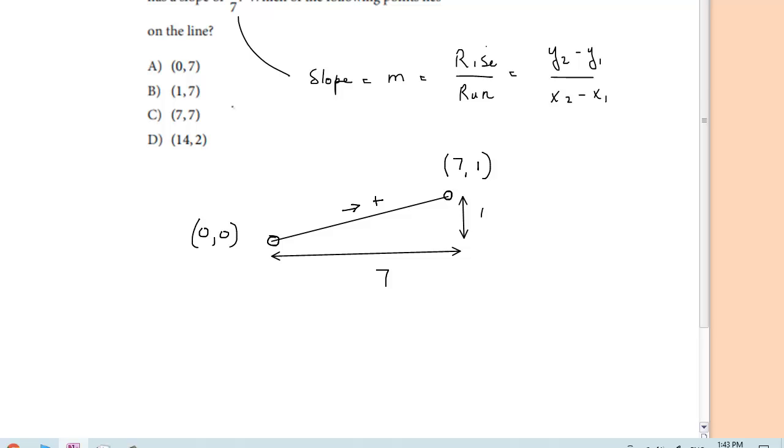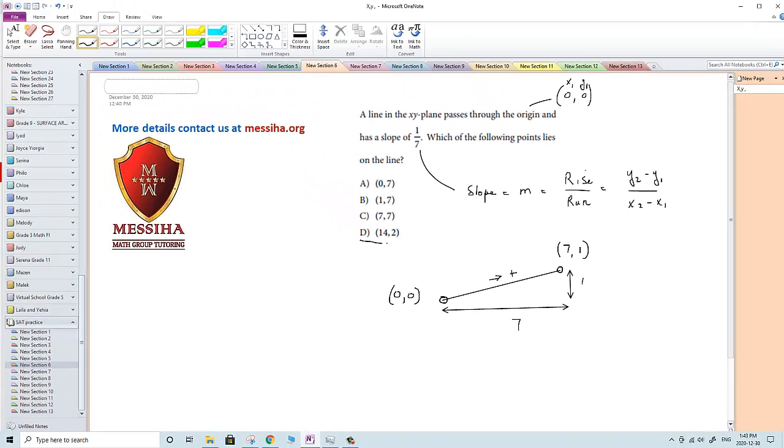The first thing that's going to attract my attention is choice D. Why? Because it's (14, 2). If I continue this line and make it longer, the 1 will become 2, and instead of 7 it's going to be 14. So I have 2 and 14.